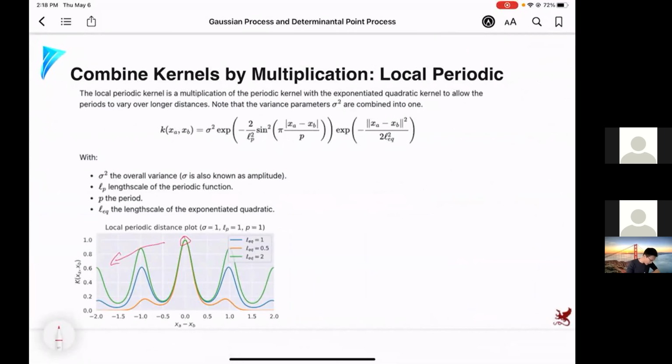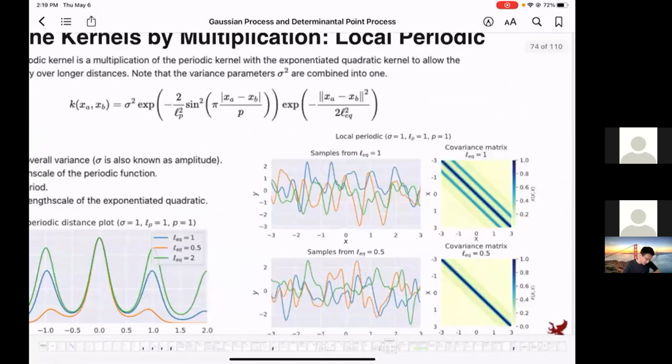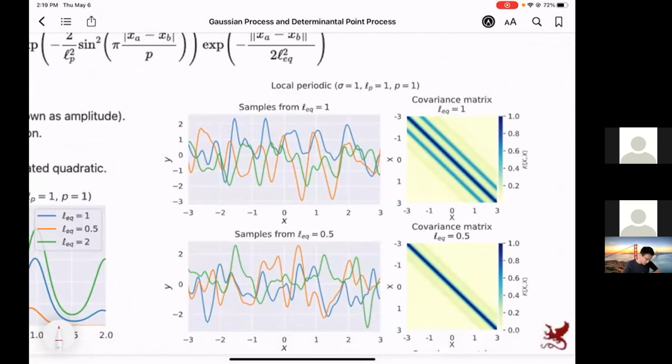But on top of this pattern, we still see this periodic pattern as well. We still see this sine function. So we can get the smoothness between points and the periodicity between points at the same time. To see some function samples we can draw from this new kernel, it looks like this.